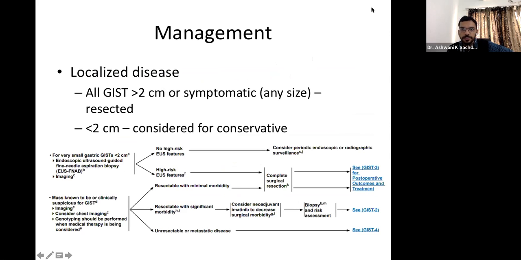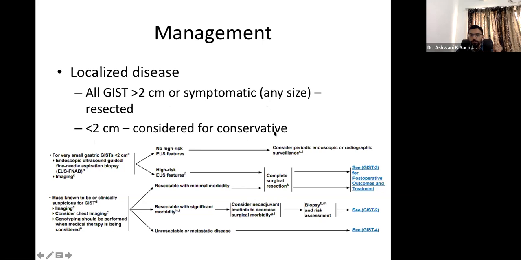So management of GIST, all GISTs with more than 2 centimeter size and those who are symptomatic, regardless of the size, should be resected. And those tumors with less than 2 centimeters and without any symptoms can be considered for conservative and periodic follow-up. So NCCN suggests those tumors, small gastric GISTs, less than 2 centimeter.